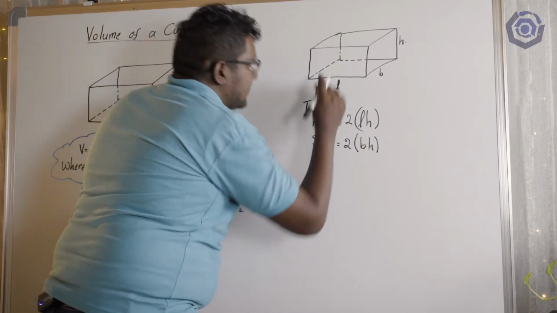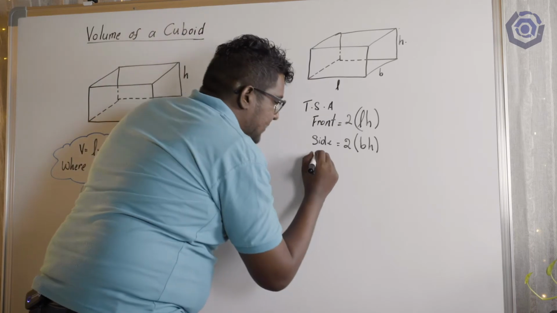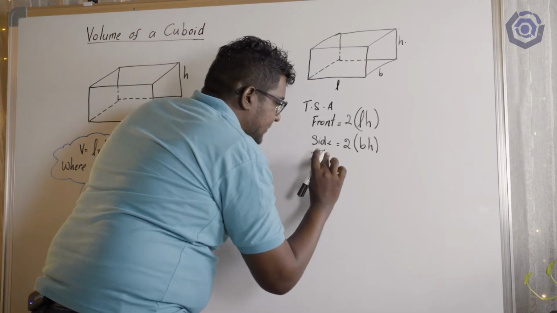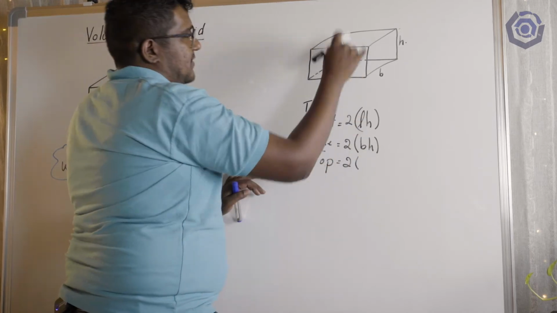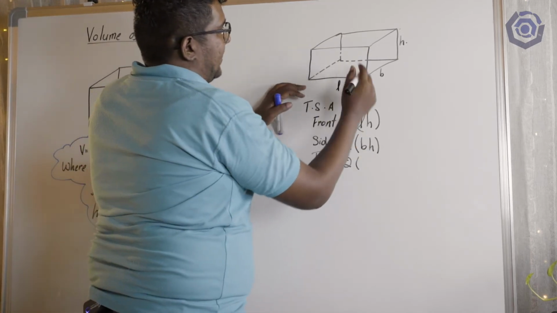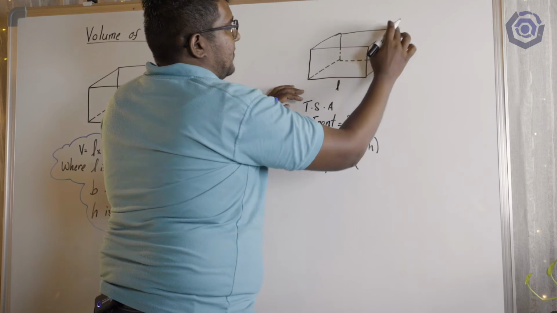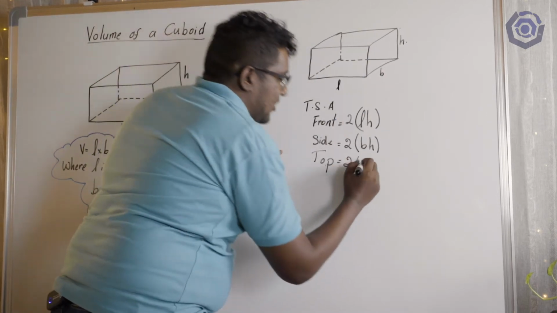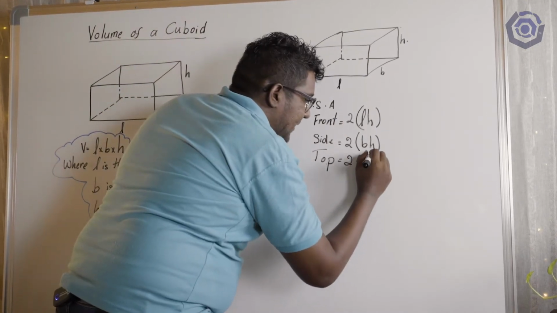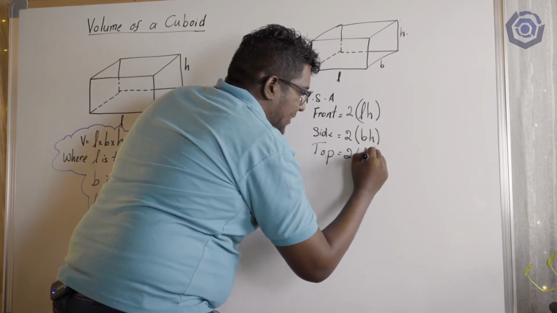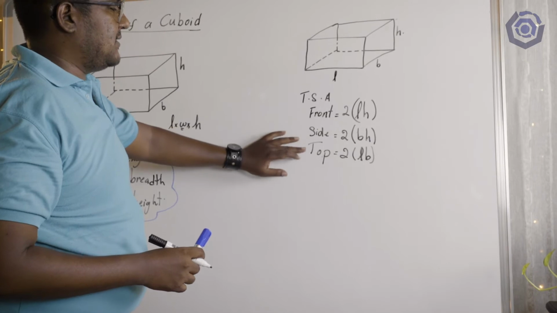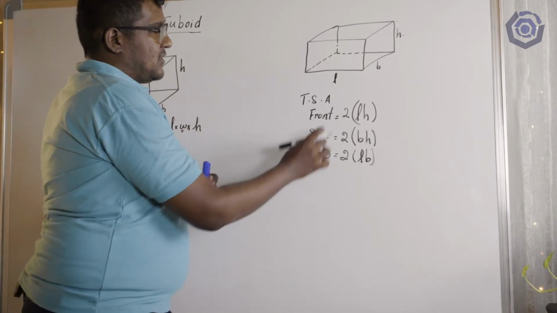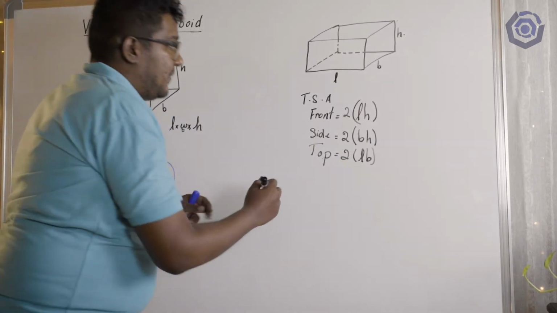And the top and the bottom: again we have 2 faces, top and bottom, and it would be the length times the breadth, so that would be LB. Now front, side, top. So it's the front and back, the 2 sides, and the top and the bottom. So the total surface area would be the sum of all of these.